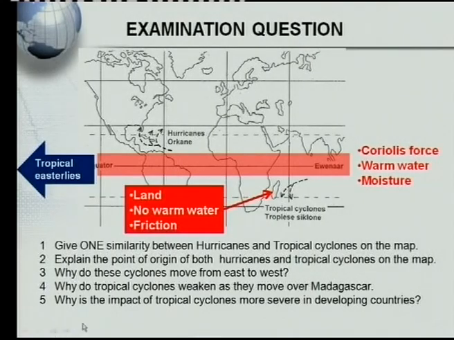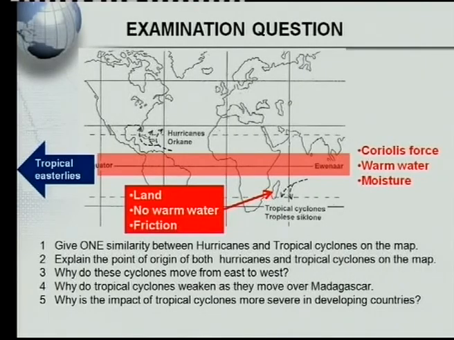Right. The last one is, why is the impact of tropical cyclones more severe in developing countries? Now, people, this is a very popular exam question. See that this is a long question. Remember the slide that I've shown you, and remember that all those things that I've shown you, you actually find in your developed country.